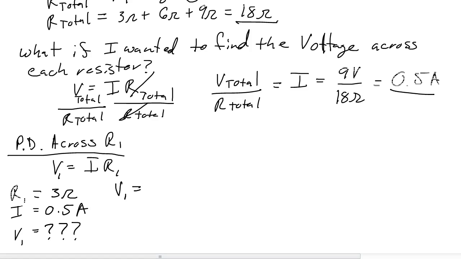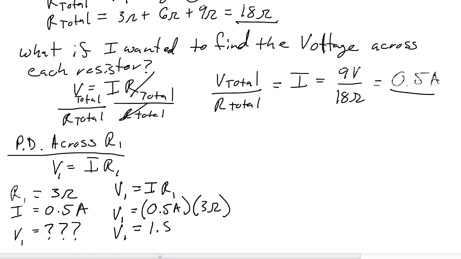So V1 is equal to I1 R1. And so we can just do some substitution now. My current is 0.5 amperes. My resistance is 3 ohms. 1/2 times 3, I get 1.5 volts. Okay, so the potential across the first resistor is 1.5 volts. Let's go ahead and do them all.